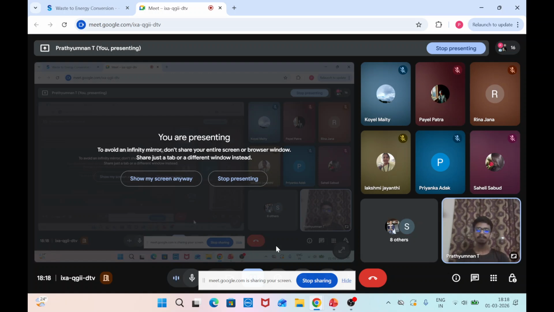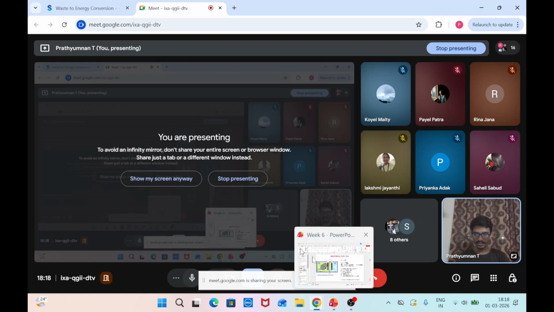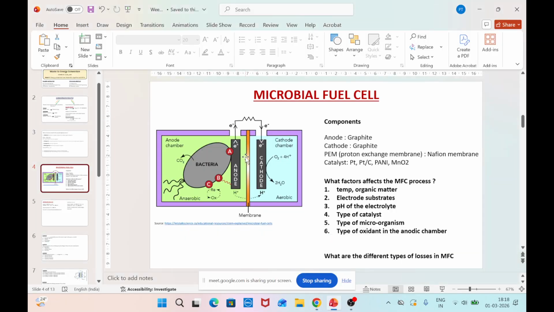The major reason is that beyond 50 to 60 degrees Celsius, the Nafion membrane that we use here, which is usually in its hydrated form, is affected. The hydrated Nafion is what helps the H+ ions move from anode to cathode.